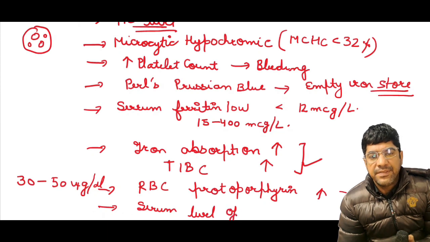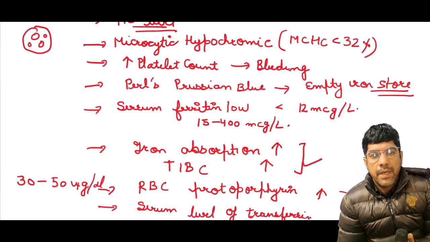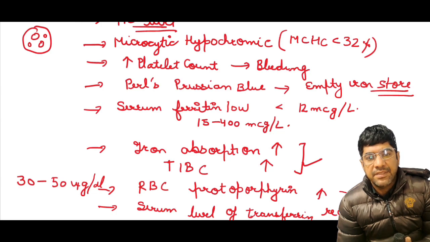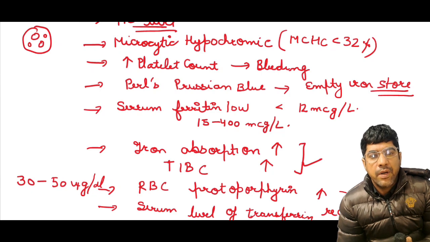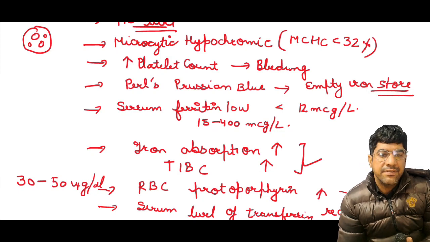These receptors facilitate the uptake of iron bound transferrin into the cells, particularly the erythroblasts, where iron is utilized for hemoglobin synthesis. The serum transferrin receptor protein is a form of receptor released into the bloodstream, and its level in the blood can indicate the rate of erythropoiesis, that is red blood cell production, and reflects the body's demand for iron. So increased levels indicate increased iron demand, and they are seen in conditions like iron deficiency anemia.